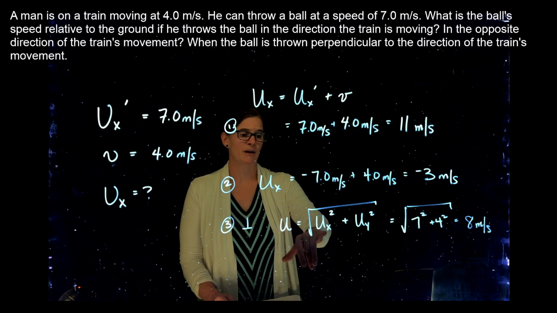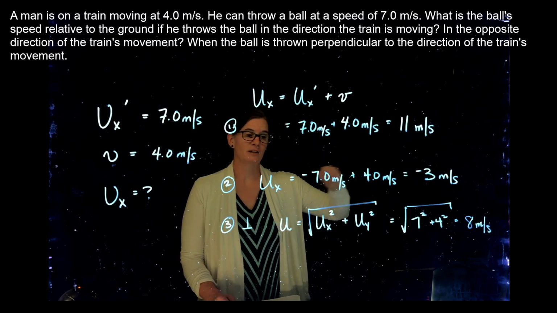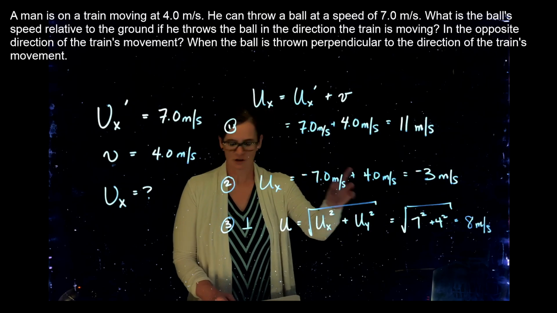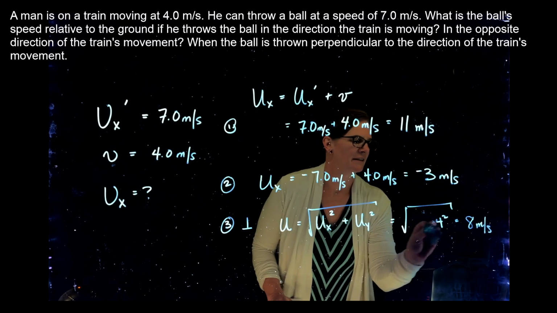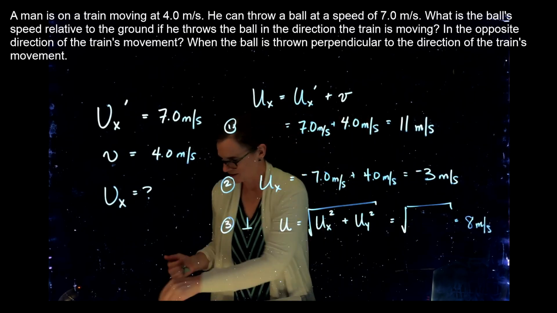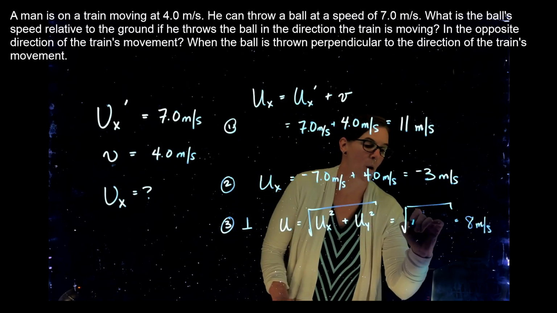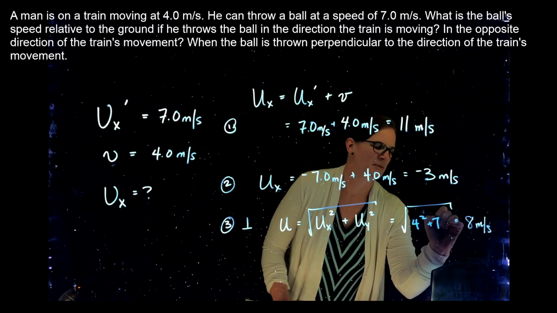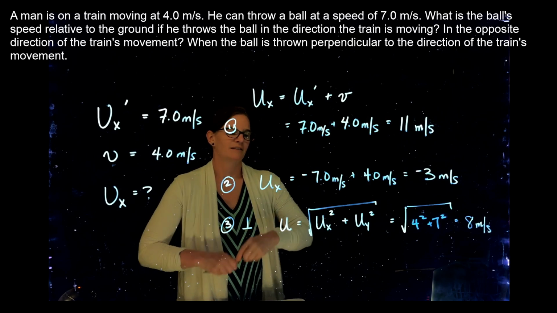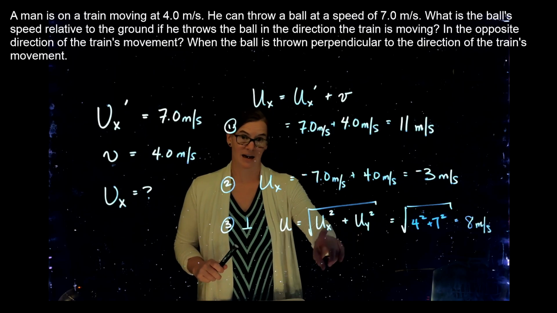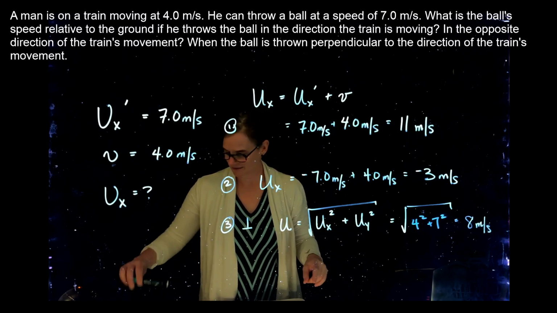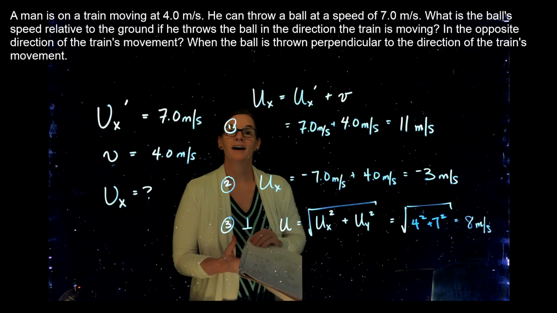So relative to the observer watching the ball being thrown in the perpendicular direction while on the train, it now has a component in the direction of the motion of the train. I should have flipped those two around. I'm sorry, that's misleading. I just used the numbers, but I didn't pay attention to make sure they're consistent. It should be 4 squared plus 7 squared. So it has that in the direction of the train at that speed plus the direction perpendicular.